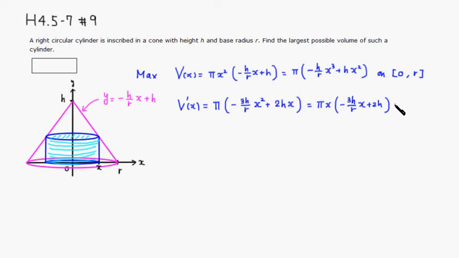Then we can set this equal to 0 to find critical numbers. The first one is pretty easy: x equals 0.